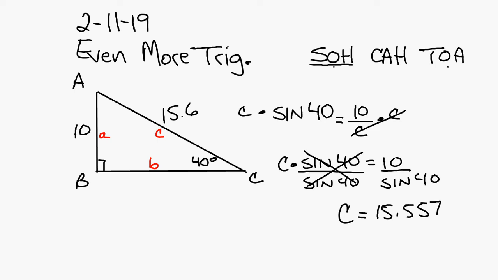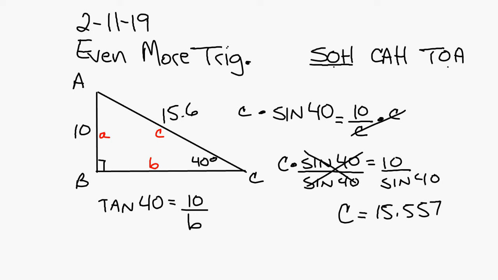Because if you're dealing with this 40-degree angle and you're going to use the opposite side, this 10, well, isn't side B adjacent? So wouldn't tan of 40 be equal to opposite over adjacent? And it's probably going to end up being faster than the Pythagorean theorem.